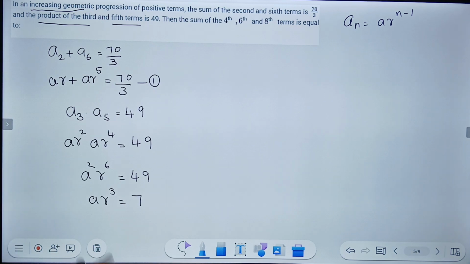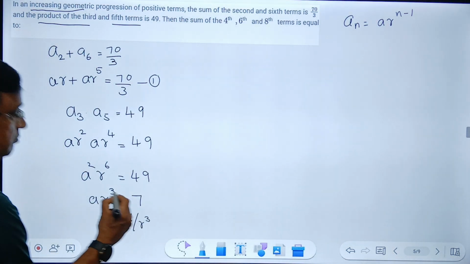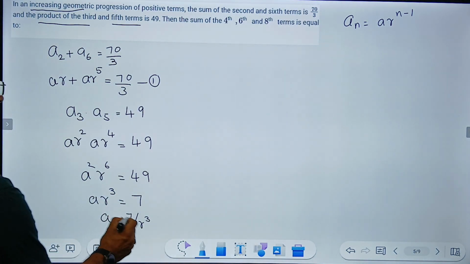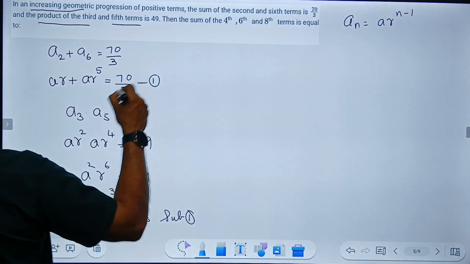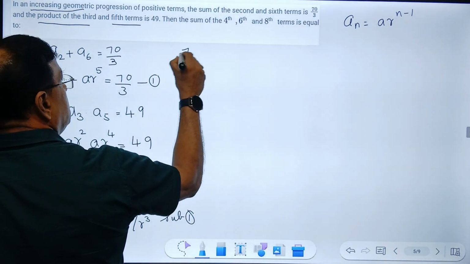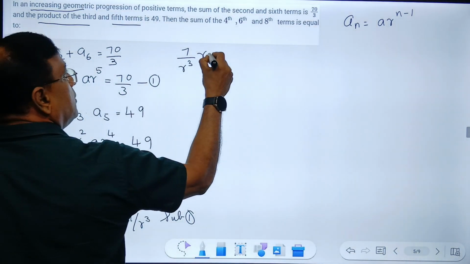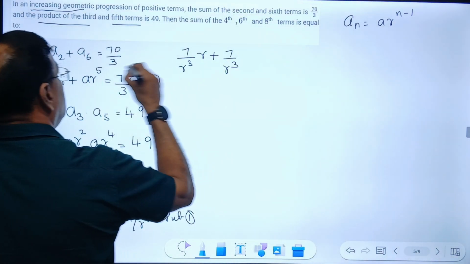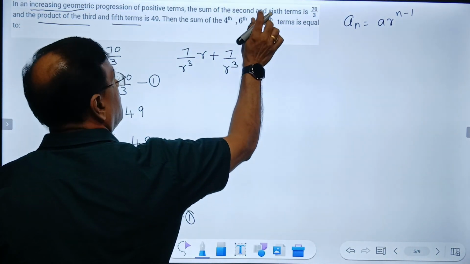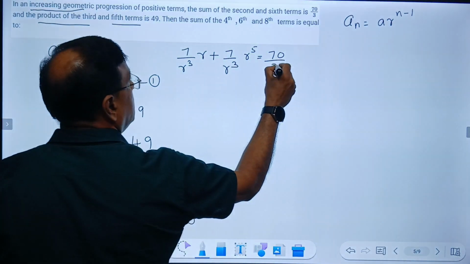Okay, that's done. So from this, what is my A? My A is 7 by R cube. Am I clear? Now take this and substitute in 1. When I substitute this in 1, what happens? A is 7 by R cube into R plus 7 by R cube into R power 5 equal to 70 by 3.